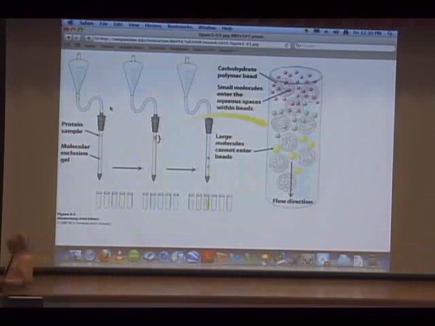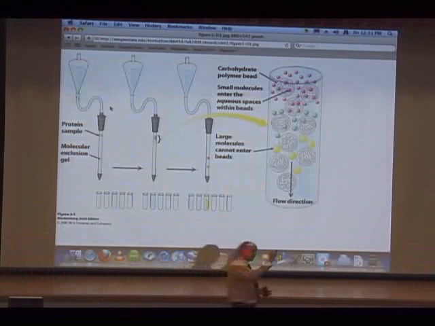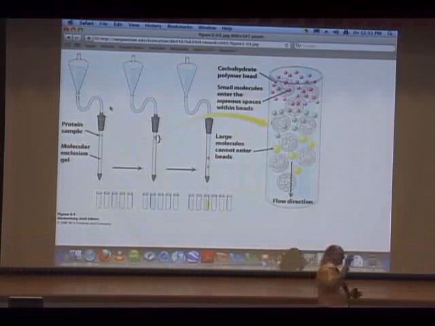A more powerful and interesting technique is that of gel filtration. And for gel filtration, we rely on some interesting chemically modified beads. These little beads are little tiny things about 1 millimeter in size, maybe smaller. They're literally little spheres. And these little spheres have been made in a very interesting way, and no, I can't tell you how they're made, but I can tell you that they are made.